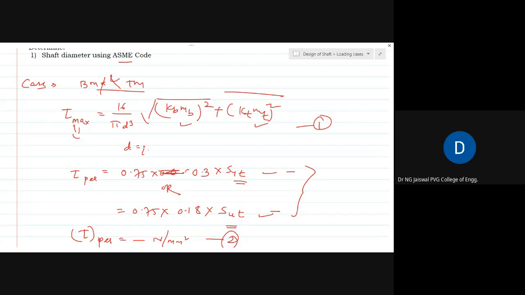This way you have to think, and then go on solving the numericals and exercises. Of course, we'll see complete solutions of 3-4 numericals in the coming lectures also.